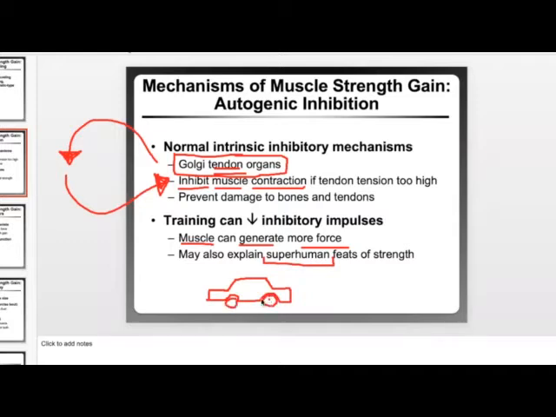Now I don't know, but one potential explanation is that the car has an incredible weight, so the car is going to stretch their tendons, their bicep tendons, as they're lifting it.